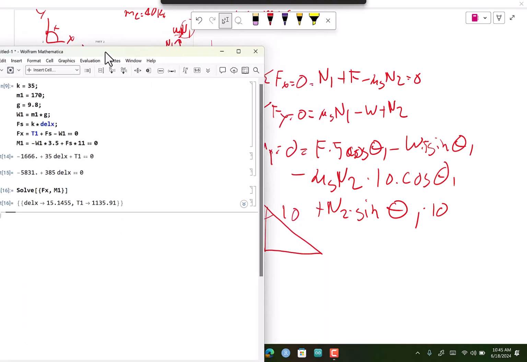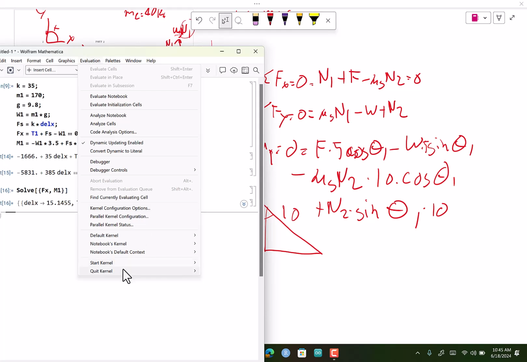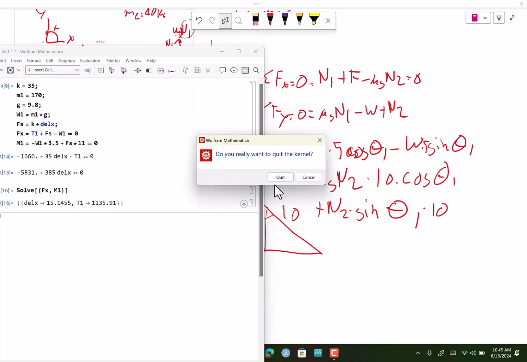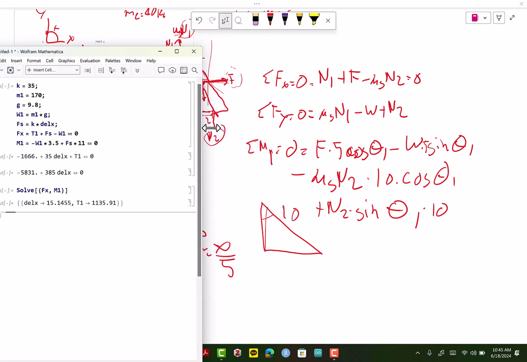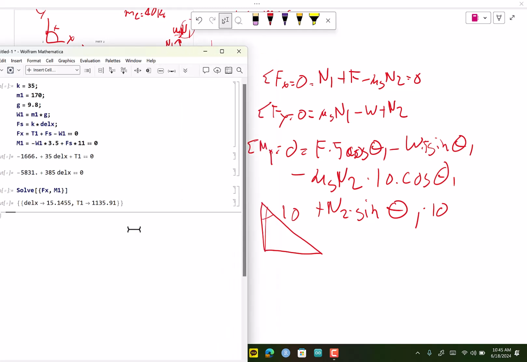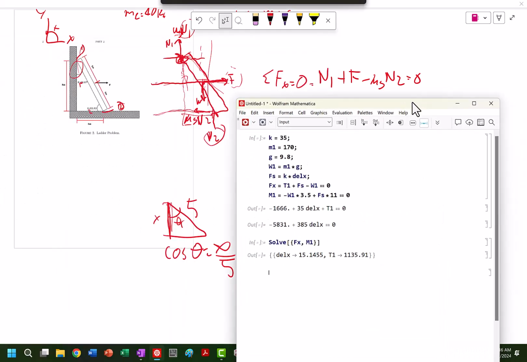So I'm going to go ahead and quit my kernel. Let's define, first of all, weight. Actually, what are our masses here? Let's go back and look at our system.